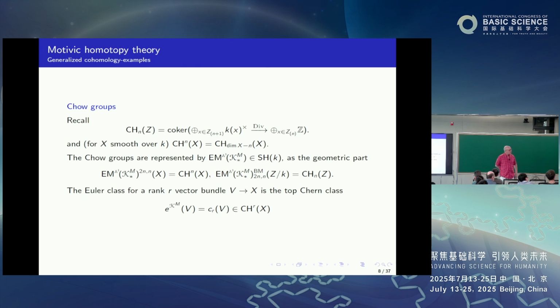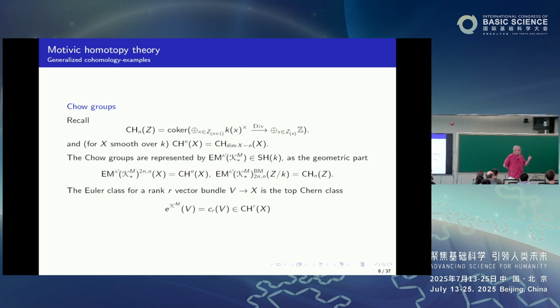If you have some variety of dimension n plus 1, x would be its generic point. K of x is the field of functions, and K of x cross is the group of non-vanishing functions, and you have a divisor map. And that's just the group of dimension n cycles on Z mod rational equivalence.